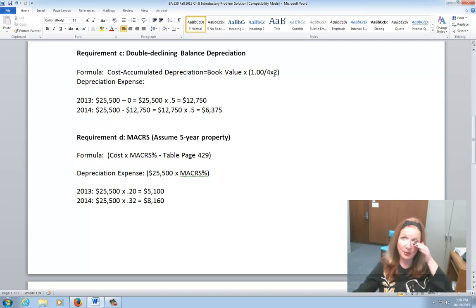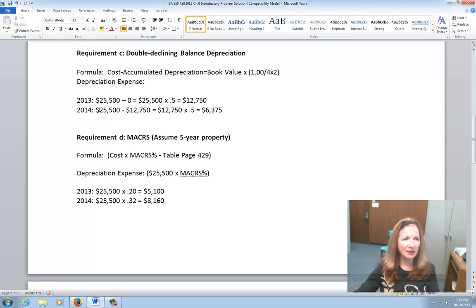So the depreciation expense becomes, in 2013, $25,500 minus 0, because there's nothing in the accumulated depreciation the first year, to get a book value of $25,500 times 50%, or $12,750 depreciation the first year.